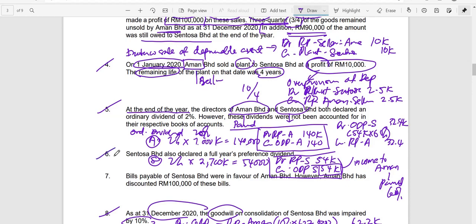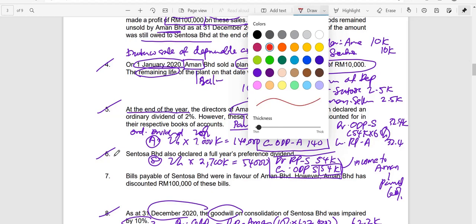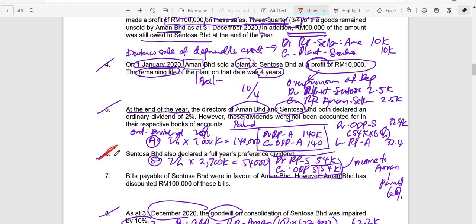Number 6 is related to dividend paid by Sentosa. And remember, the non-redeemable preference shares were not acquired. So for Sentosa, I'm doing it here. You will see that dividend paid, that will be debit retained profit because it is declared from the profit. So debit retained profit of Sentosa, credit preference dividend payable of Sentosa.